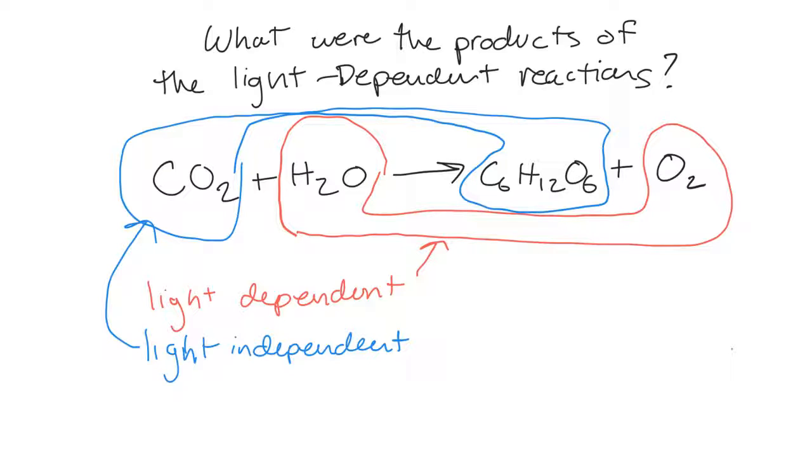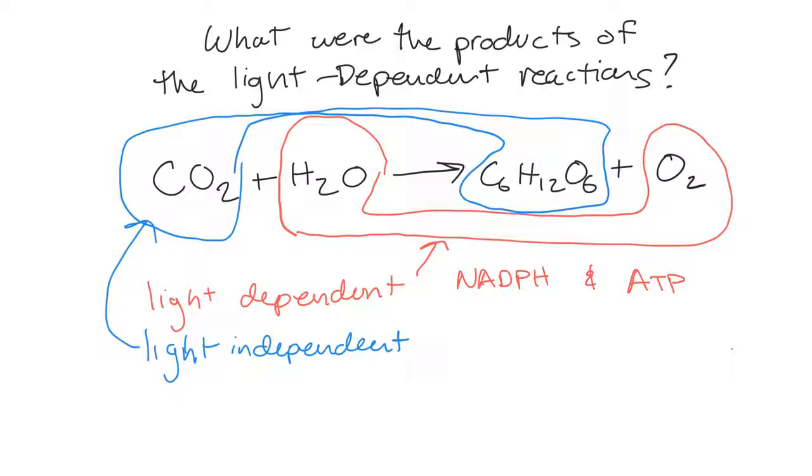One thing in here, what's not shown in the reaction in our equation is our products, right? So what were the products of the light-dependent reaction? Right, NADPH and ATP, right? And also oxygen, right?